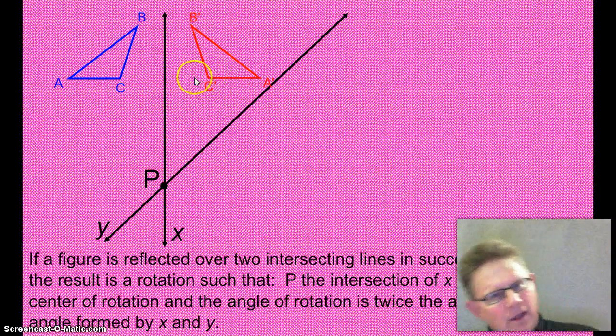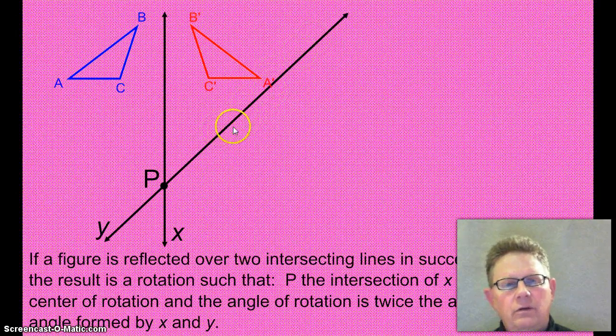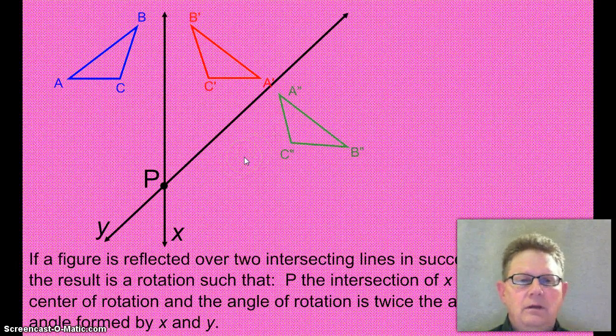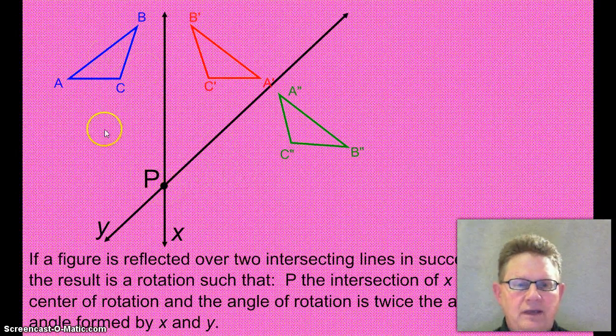Now we got to kind of tilt our head a little bit and reflect it about this line Y. And we get A double prime, B double prime, C double prime. And if you look at it, it looks like we've kind of turned this triangle about P as the center to get there.